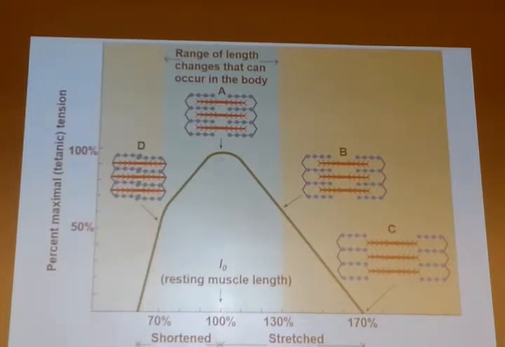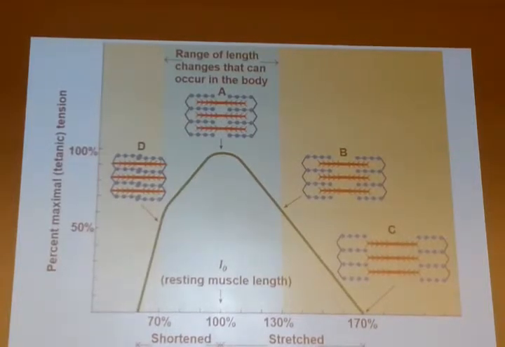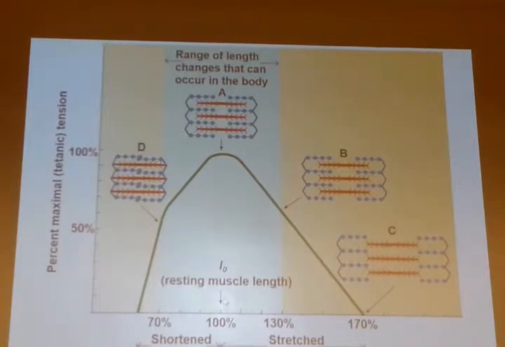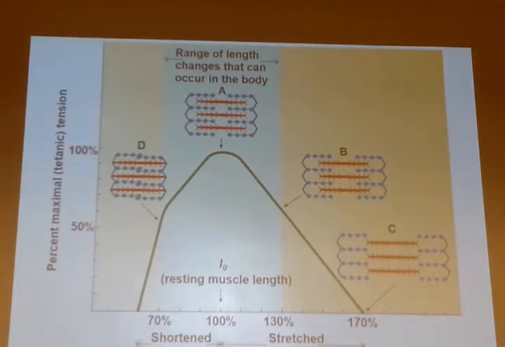The optimum sarcomere length is somewhere around 2 to 2.2 nanometers in length. So with 100% cross-bridge formation potential, you have a resting length of about 2 to 2.2 nanometers for each sarcomere.